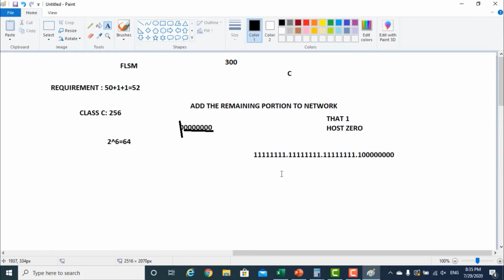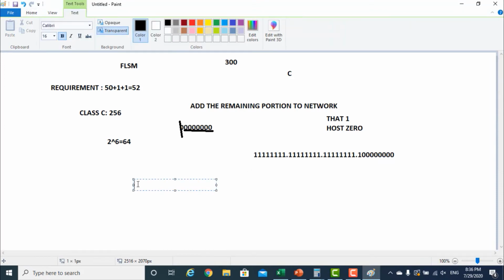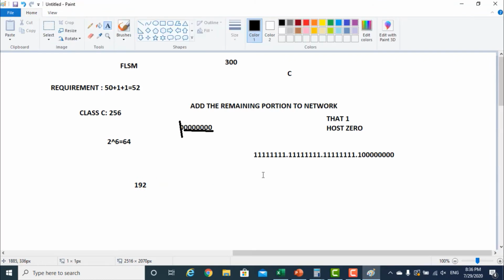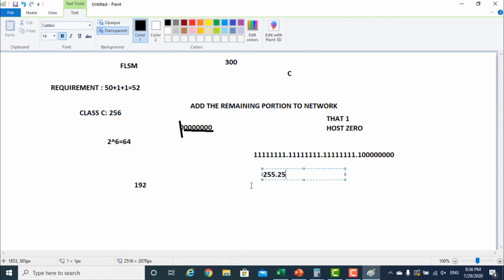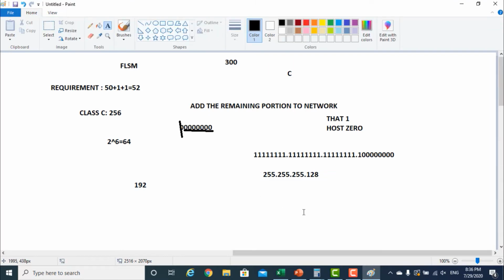So now when you want to assign an IP address for this network, you will assign it like this, 192. If you want to specify your building address, or your subnet, you will say that my subnet is 255.255.255.128. This is my subnet address.